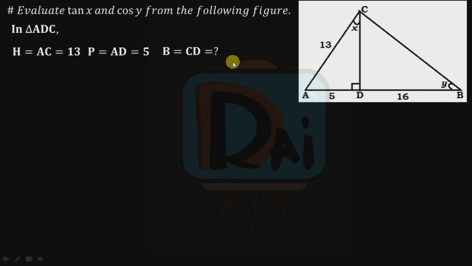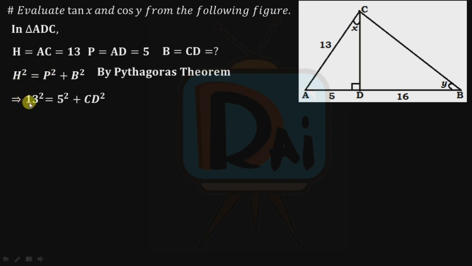So first I need to find the value of base by using the Pythagoras theorem. Hypotenuse square is equal to perpendicular square plus base square. H is 13, square is equal to 5 square plus CD square.